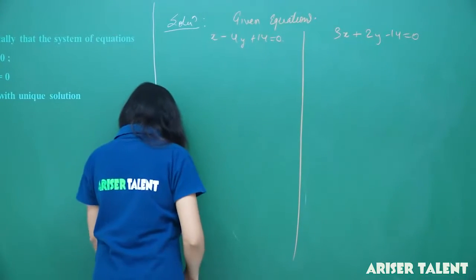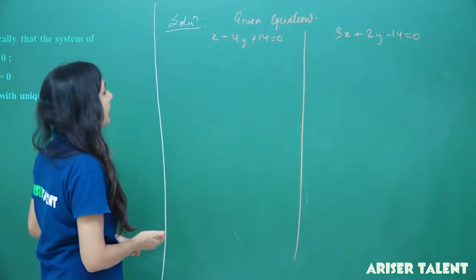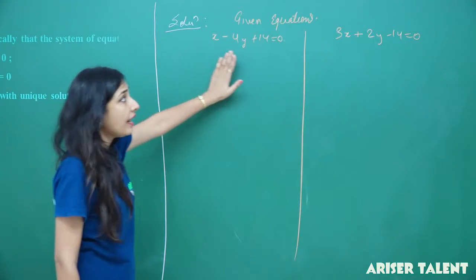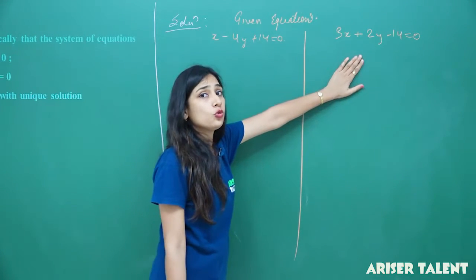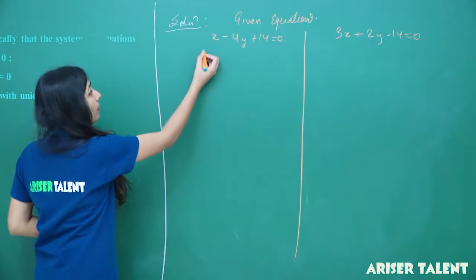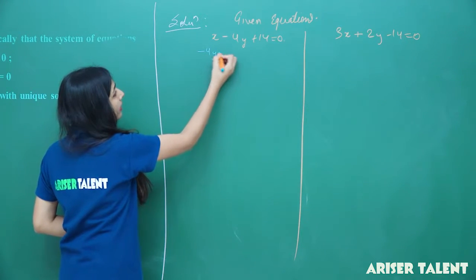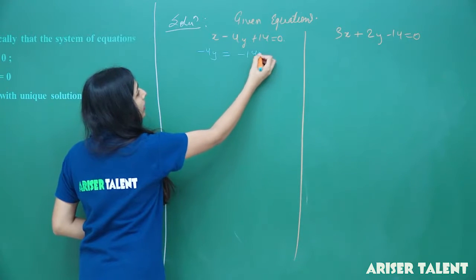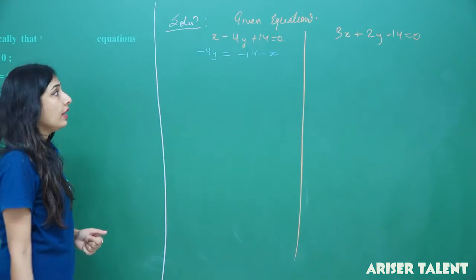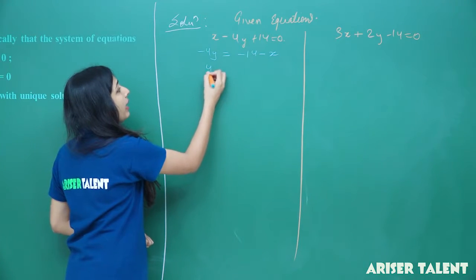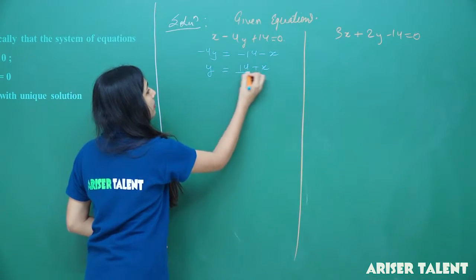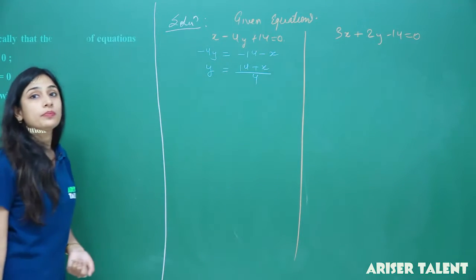Now student, if this is so, can I take the value of y from this equation and from this equation too? How? Simply, I will adjust that: minus 4y equals minus 14 minus x, or I can say y equals (14 plus x) by 4.